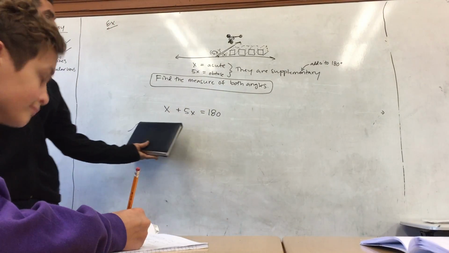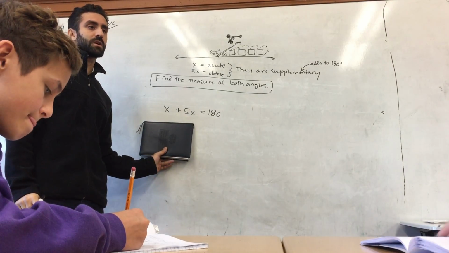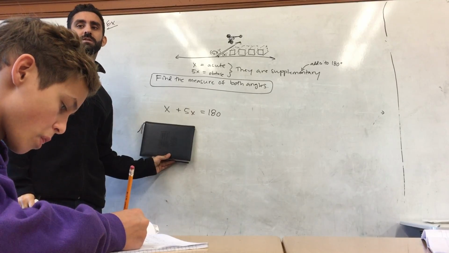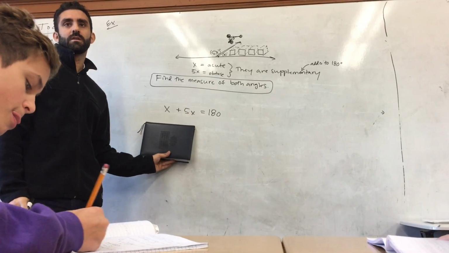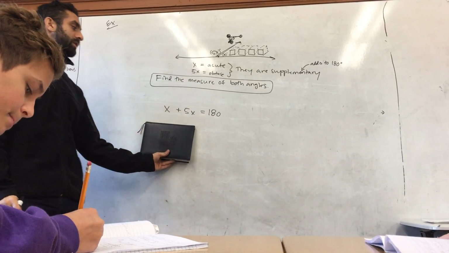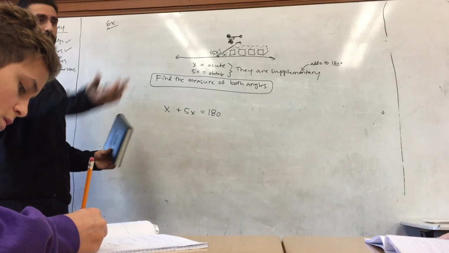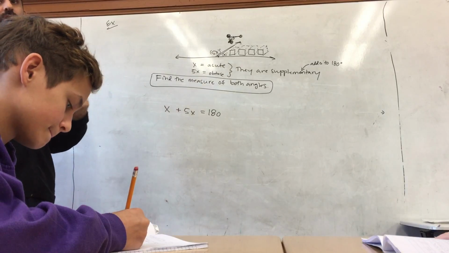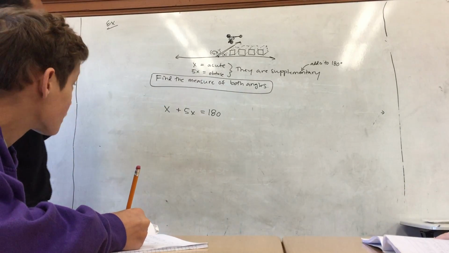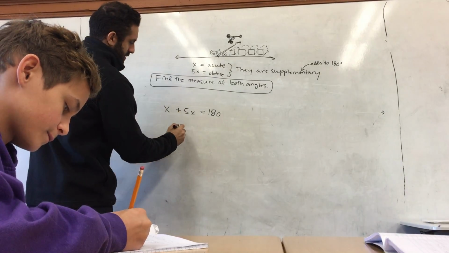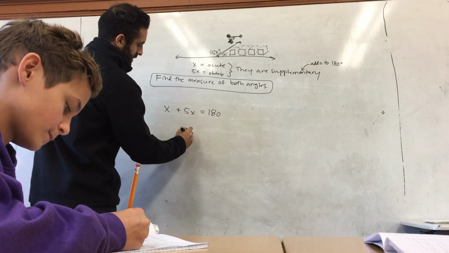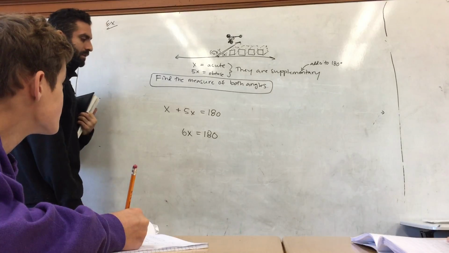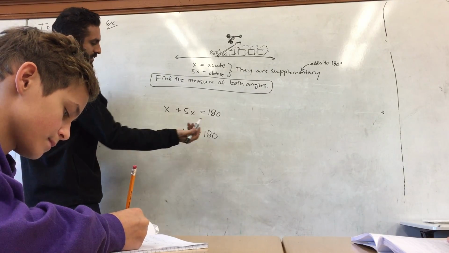Alright? Did you guys get this far? Okay, solve this, all of you guys. What's x plus 5x? 6x. 6 times some number is 180.